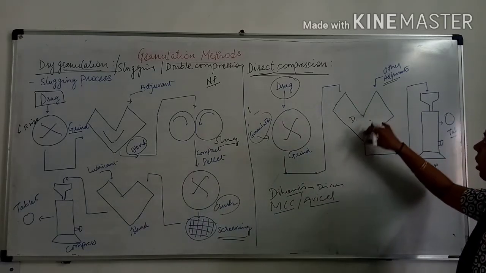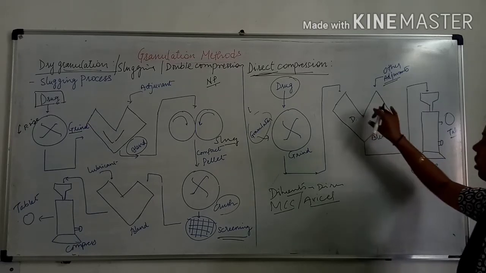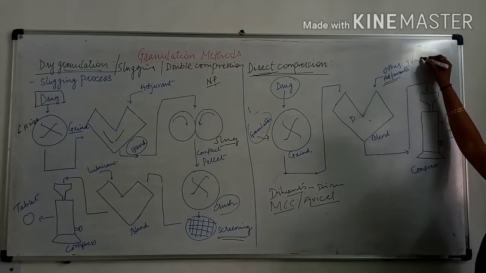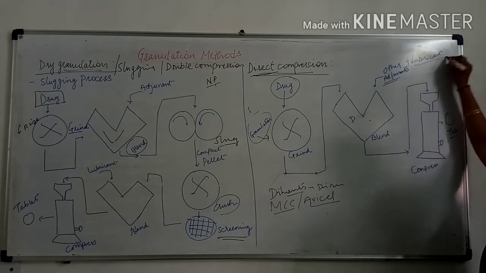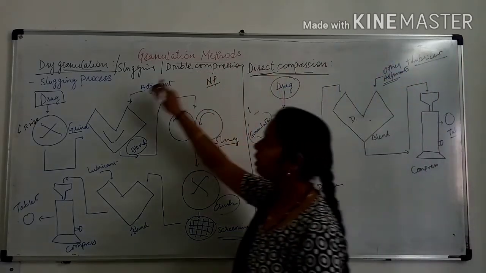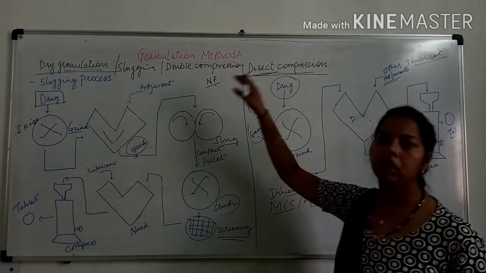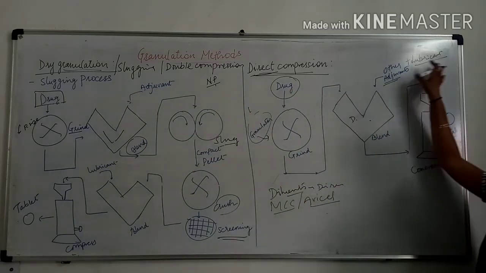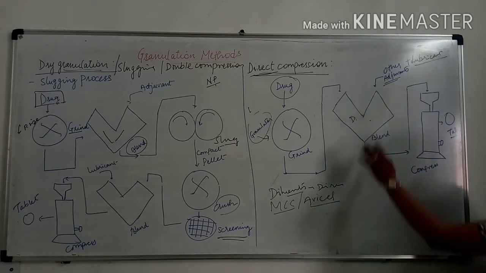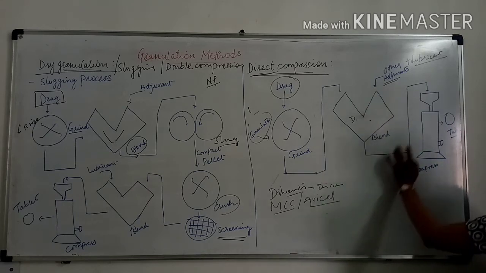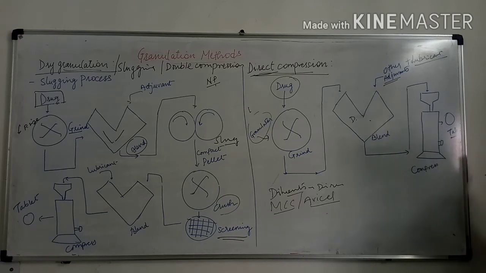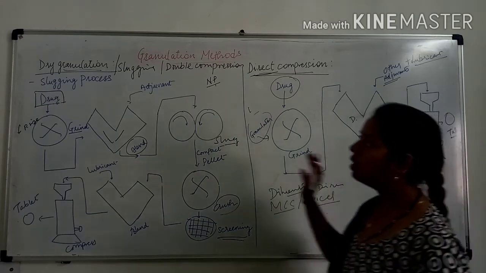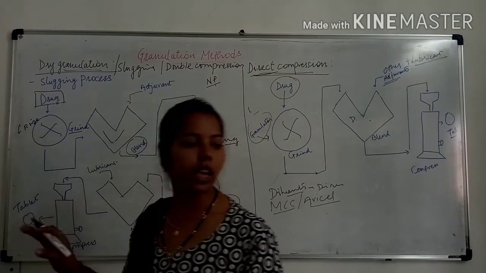Along with the drug we mix all the additives and blend them together, and here we add the lubricant also. In dry and wet granulation we do not add the lubricant along with the additives, but in direct compression we add the lubricant also, and after complete blending of the content we compress the tablet. So this was the direct compression technique and this was the dry granulation technique.